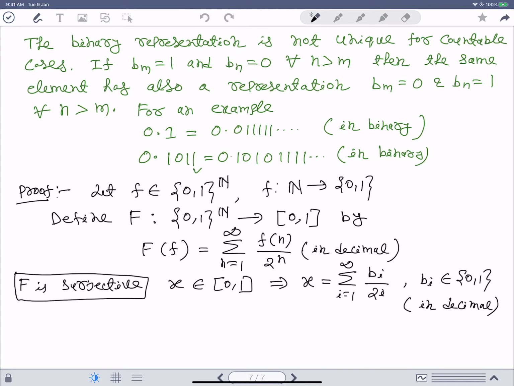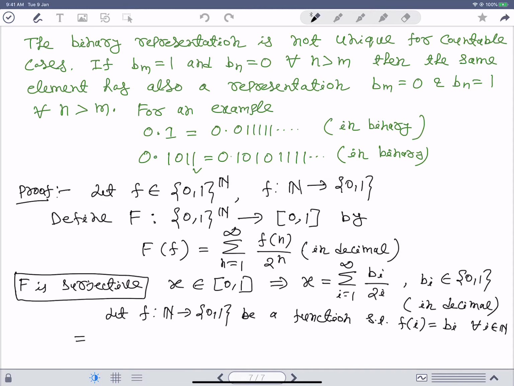We know that this is a property of the real line. So let f from N into {0, 1} be a function such that f(i) equal to b_i for all i belonging to the natural numbers.